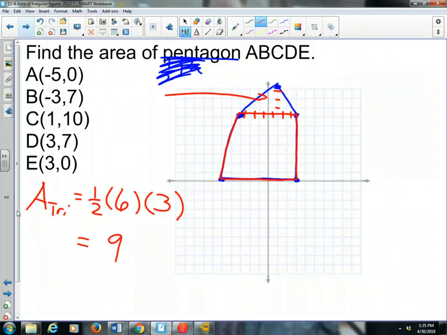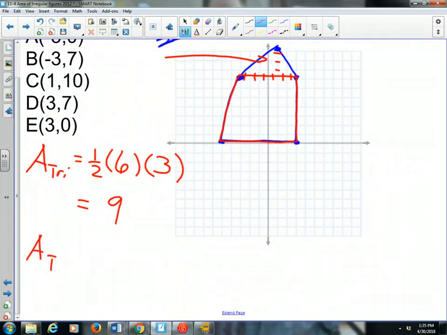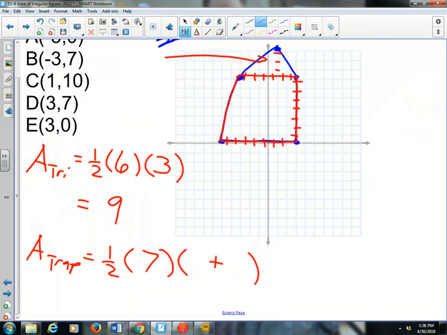Now let's do the trapezoid. The area of the trapezoid is 1/2 times the height, base 1 plus base 2. What is the height of our trapezoid? 1, 2, 3, 4, 5, 6, 7. The height is 7. The sum of the two bases: one base is 1, 2, 3, 4, 5, 6, 7, 8, and the other base is the same base as the triangle, which was 6.